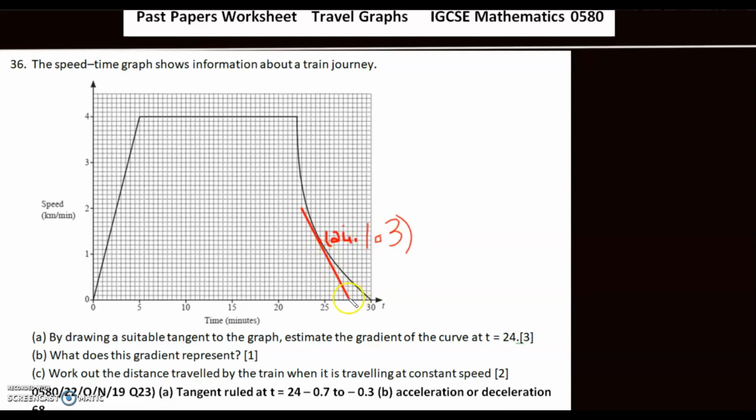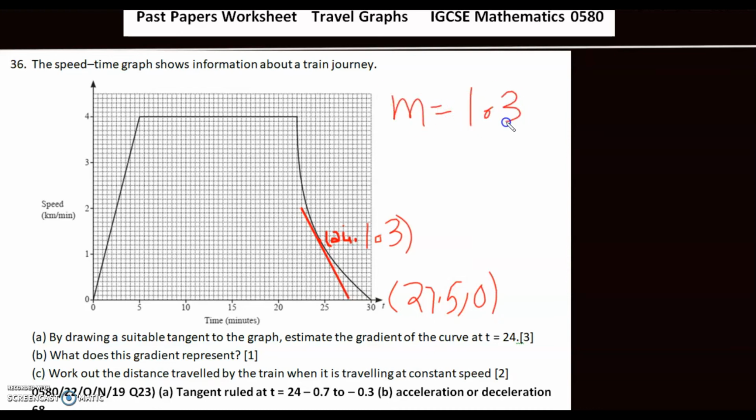This is, let's say, 26, 27, 27.5 comma 0. So now I'll find the slope using these 2 points.